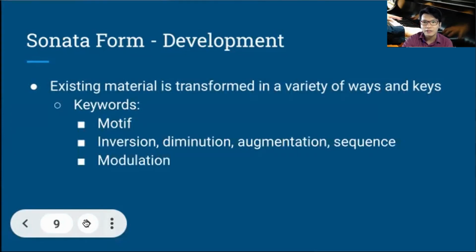We find the motifs in our themes and then how they are being transformed. Inversion, how we flip things around, diminution, shorten it, augmentation, lengthening it, sequence, taking something and repeating it in sequence, modulation, extension, and so on. These are all terms that you can use to describe what happens in your development.